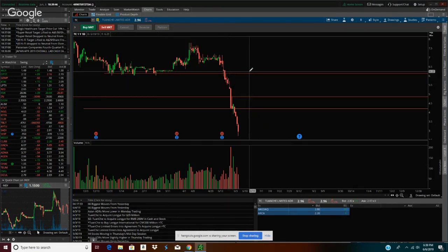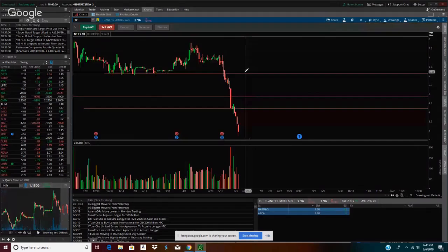It's the opposite of a long trade. You buy to open, sell to close. Short selling, you sell to open, you buy back to close. And that's why the formula is low float, high short interest, high volume, lots of volume, liquidity.